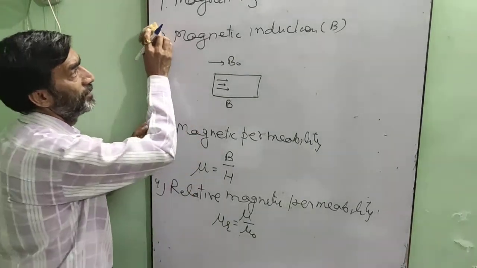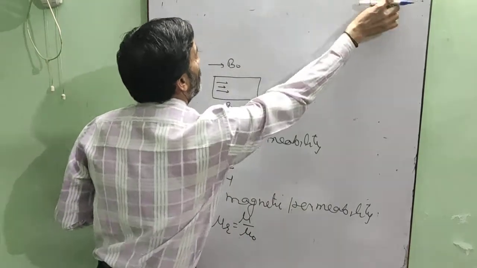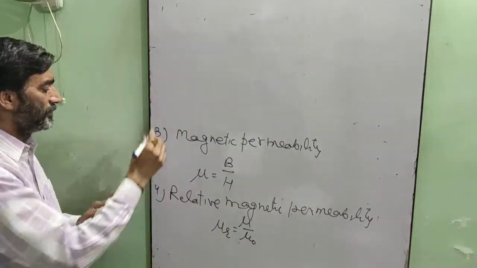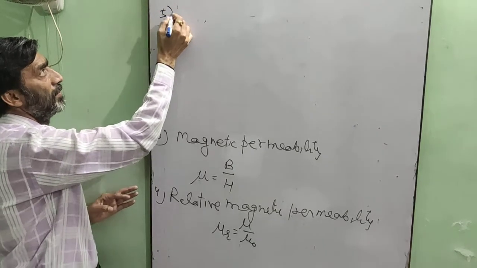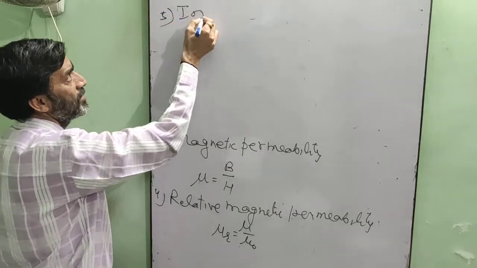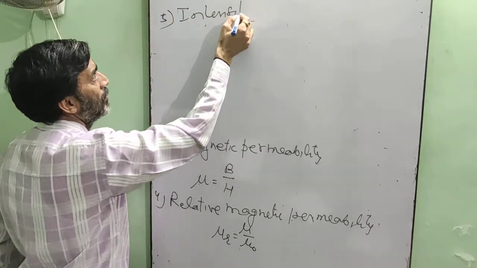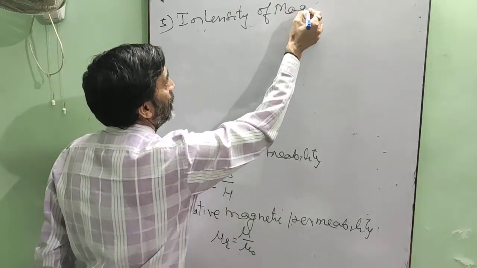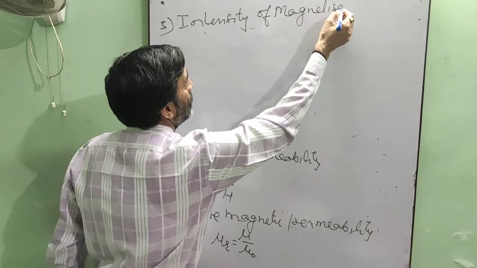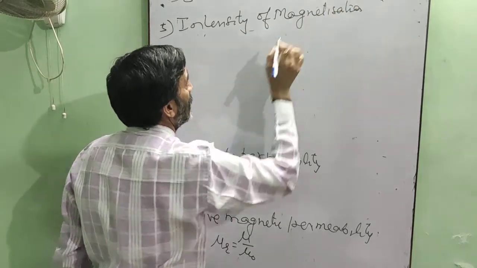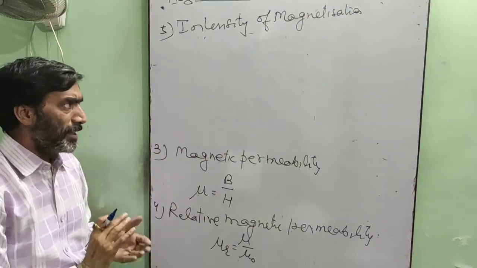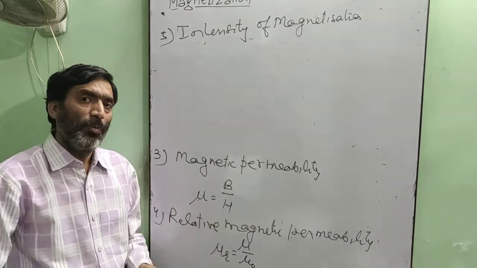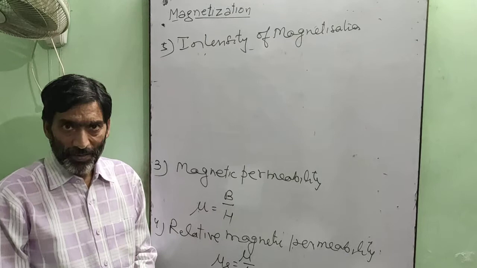Now the next point is intensity of magnetization. Intensity of magnetization indicates to what extent our magnetic substance gets magnetized.